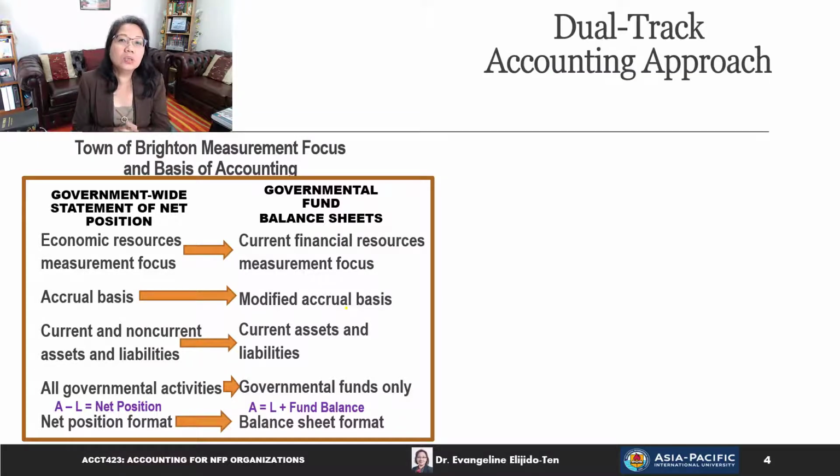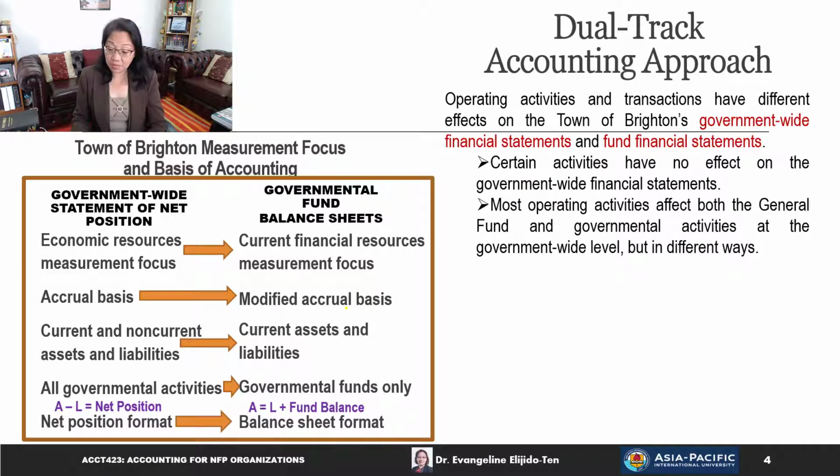I would also like to show you in advance that in the illustrative examples and transactions that we will be showing in the next few slides, we are using what we call the dual track accounting approach. So what does this mean? The operating activities and transactions have different effects on the government-wide financial statements as well as the fund financial statements. Why is that?